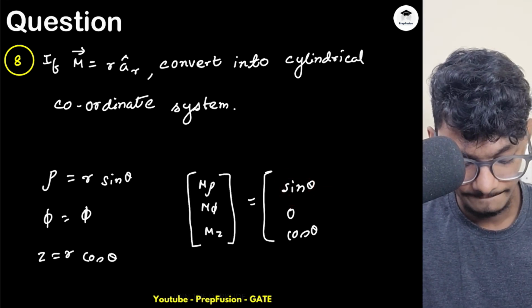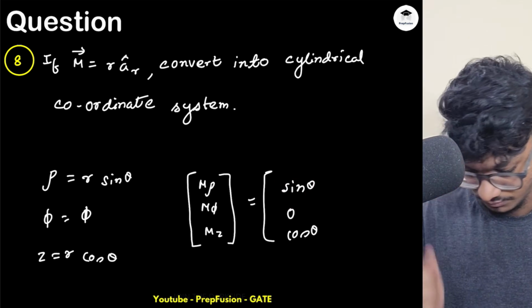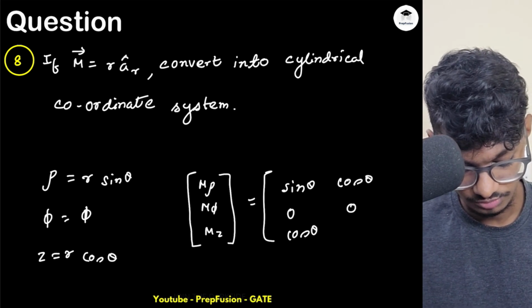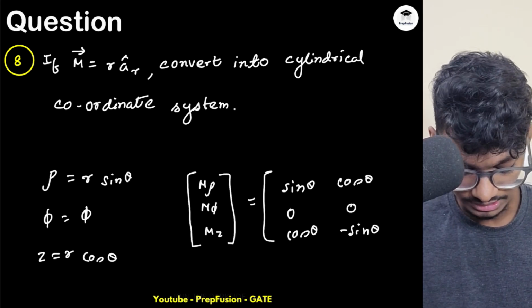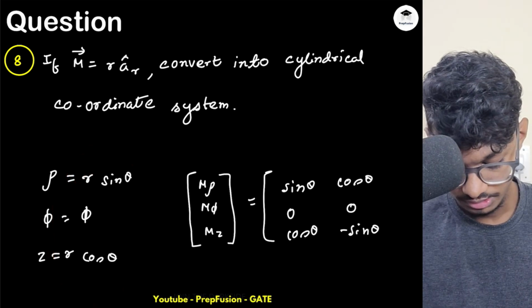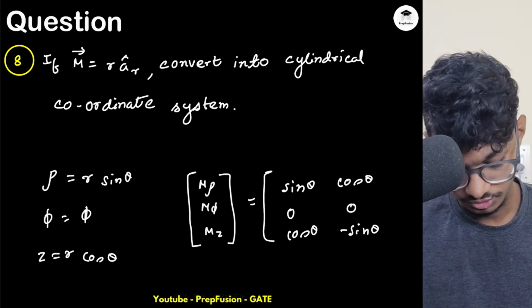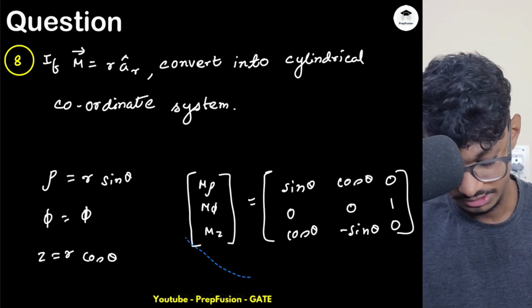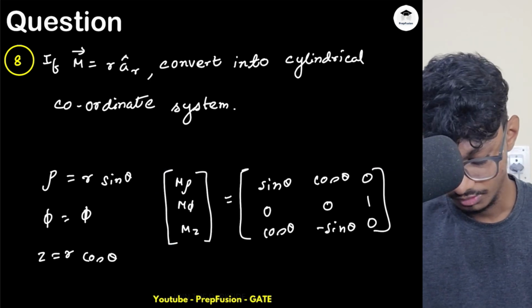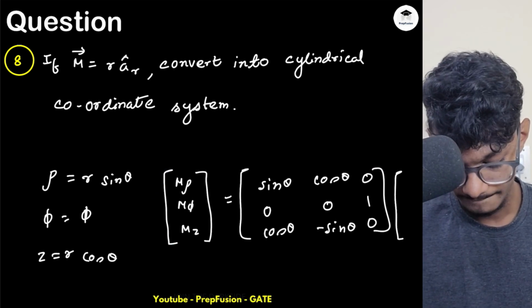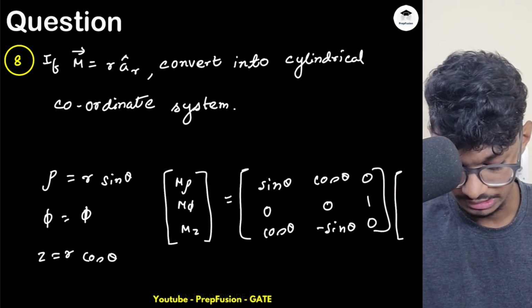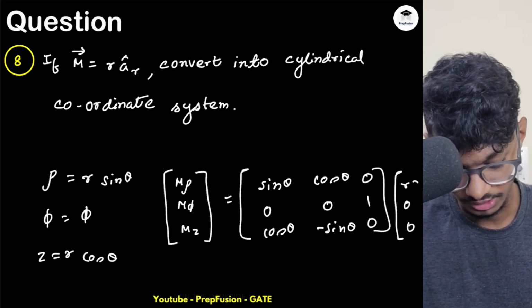So this will give me cos theta, this will be 0, this will be minus sin theta. Then again I will partially differentiate this whole thing with respect to phi. So this will be simply 0 1 0. And all these are components of the M vector. So M vector, first one should be M r. So this is r itself, and this is 0, and this is 0. All other components are 0.